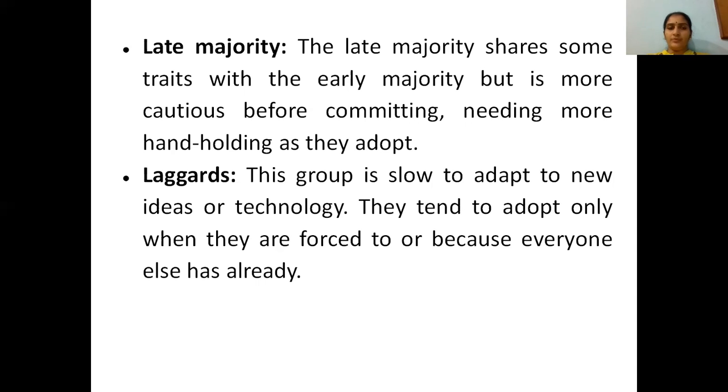They tend to adopt only when they are forced, when some external force is applied on them and they will not have any other option to escape. In that situation they adopt this kind of new innovation. So this particular category of adopters is named laggards.